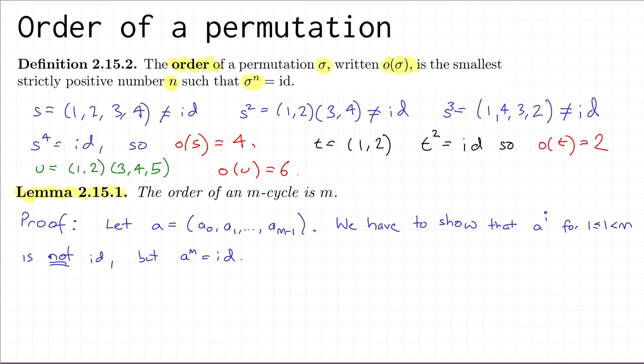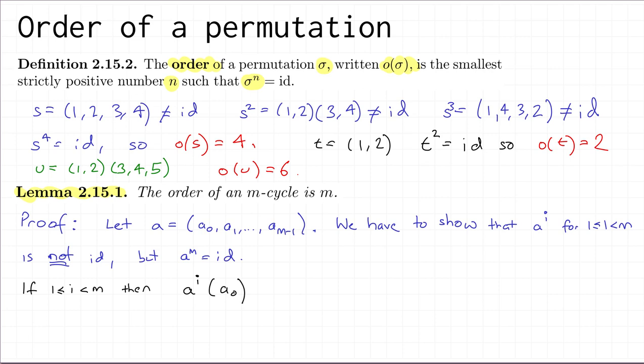And it's easy to find such a number, because if you have that I is between 1 and m minus 1, then think what happens when you do a to the power I to a0. So doing a once sends a0 to a1. So doing it twice sends a0 to a1 and then to a2.